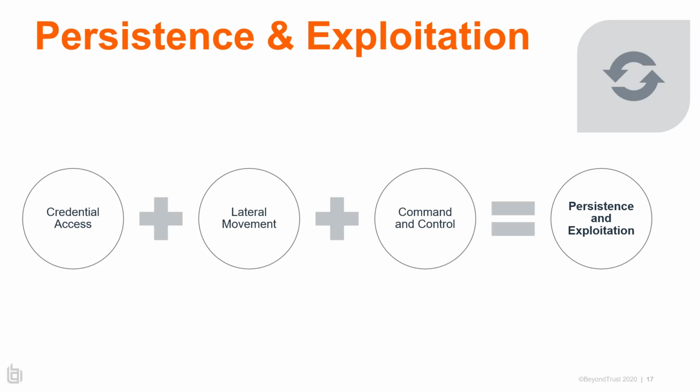With regards to persistence and exploitation, the attacker now has a foothold in the organization. The easy wins for the attacker would be to get some kind of credential and move from the user system to a privileged system. The attacker is able to use lateral movement thereafter if the network has a flat segment with limited segmentation.